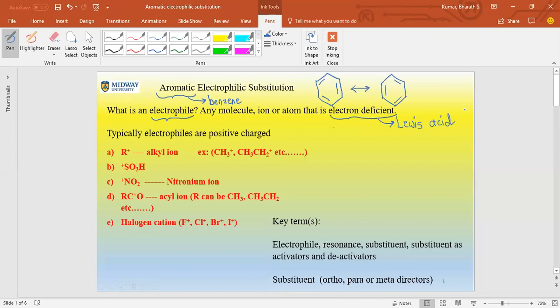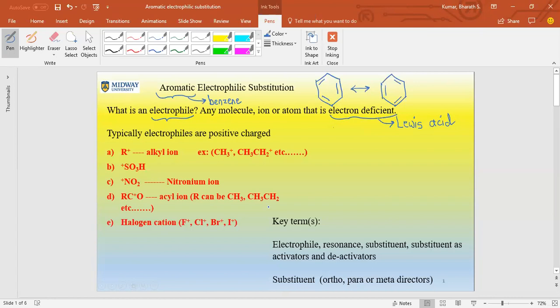So in sharp contrast to how we defined a nucleophile, you could actually start with the nucleophile, such as sodium methoxide, sodium ethoxide, methanol, ethanol, water, ammonia. On the other hand, electrophiles are not naturally available.